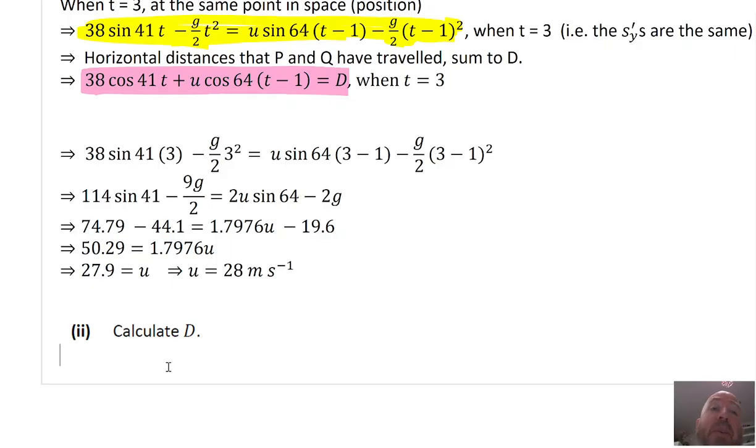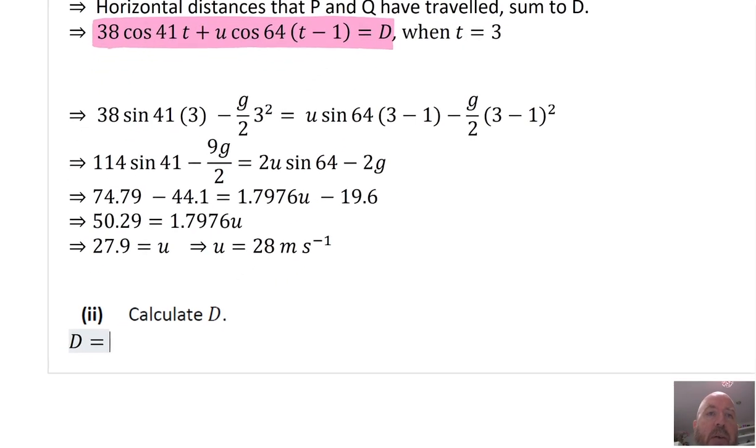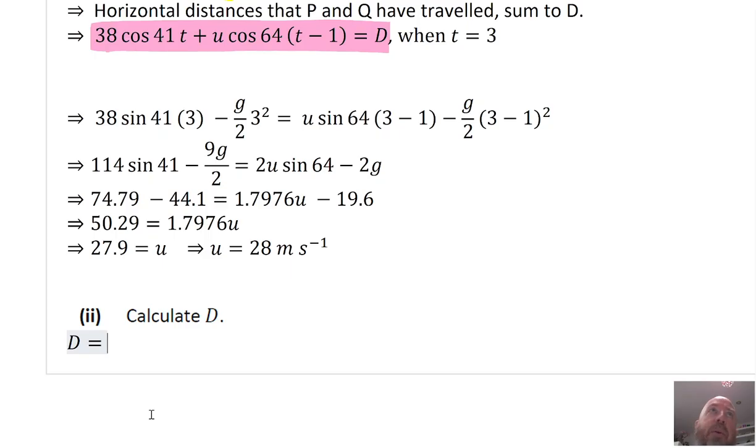One is the horizontal, one's the vertical. We have used the vertical, the yellow one, to find out u. Now we'll put that u back in when t equals 3 and find what the horizontal thing tells us, to get something else from the horizontal thing that we know to be true.